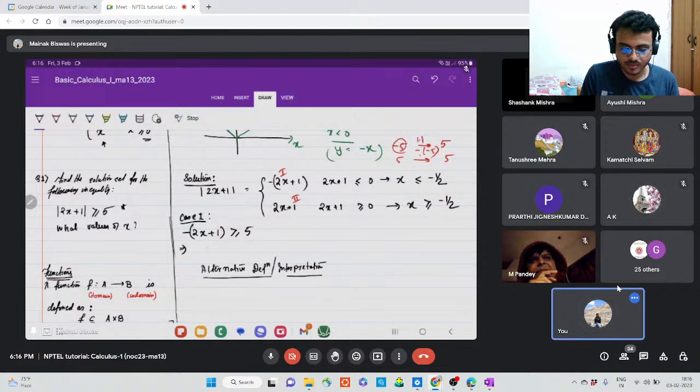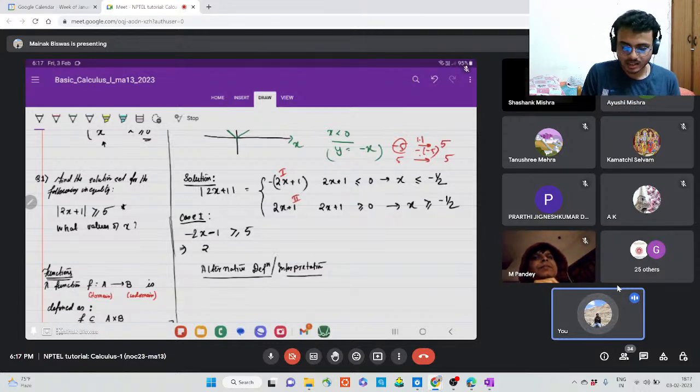So you will get x is greater than or equal to, or if we take it to the other side, let me skip a step for the lack of space.